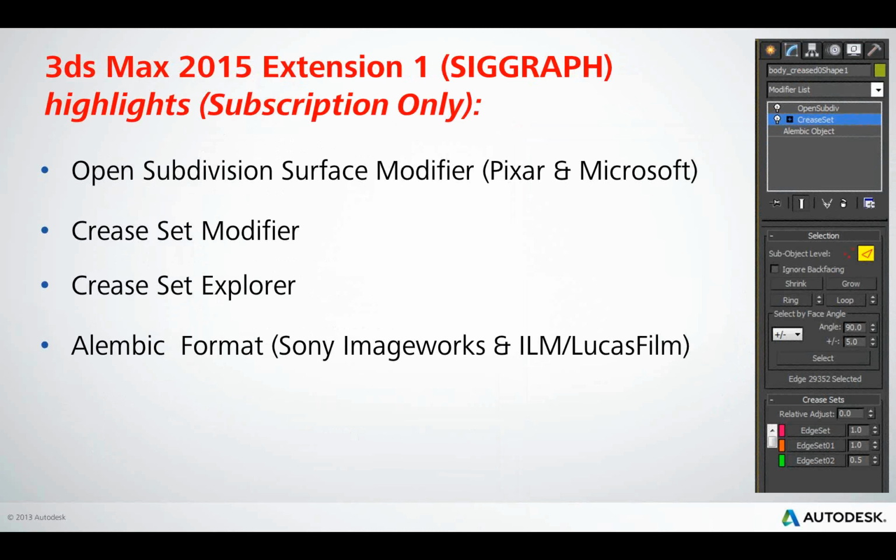And we now obviously support the Alembic caching format, so moving Alembic data back and forth between Maya and 3ds Max has never been easier. And of course, more enhancements to shader effects, the search browser, and a couple of new shaders. So that's just some of the business that I wanted to cover. Those are some of the new things.